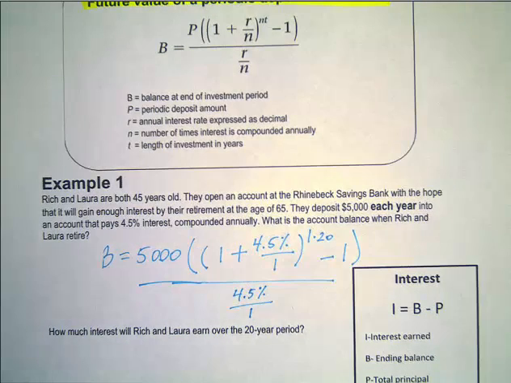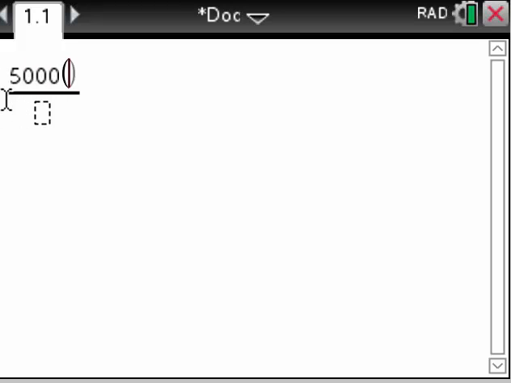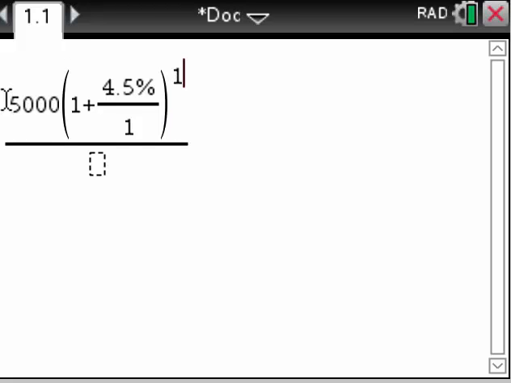So when you put this in the calculator, make sure you've got everything correctly. So you want to do a top-bottom fraction, 5,000, parenthesis 1 plus, now again a top-bottom fraction, 4.5% over 1, get out, raise it to the 1 times 20, get out of that, minus 1.